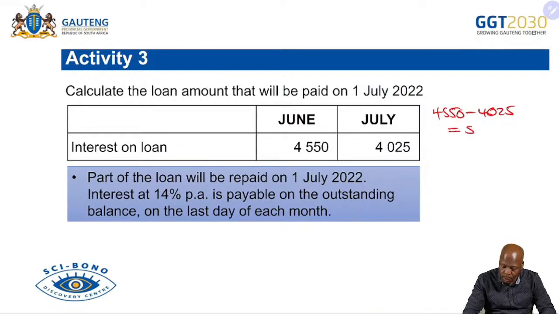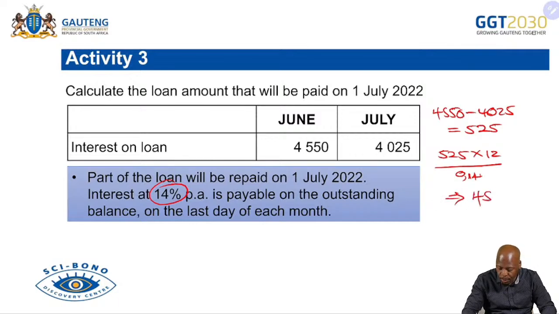Anyone? It gives you 525. And then you say your 525 multiplied by 12 divided by the interest rate, which is 0.14. It should give you your loan of 45,000. A loan of 45,000.